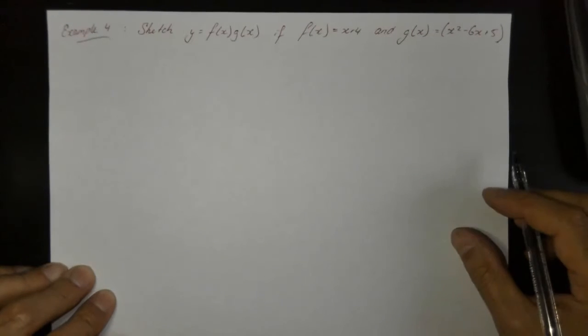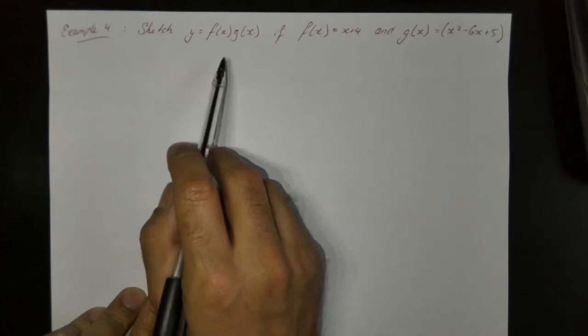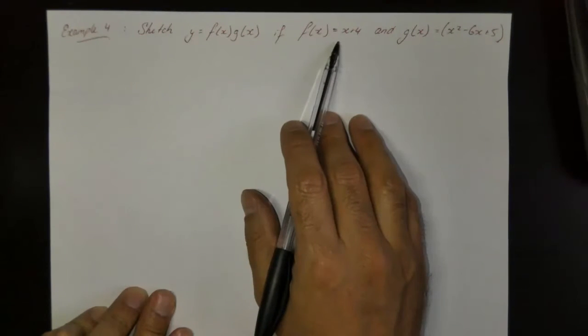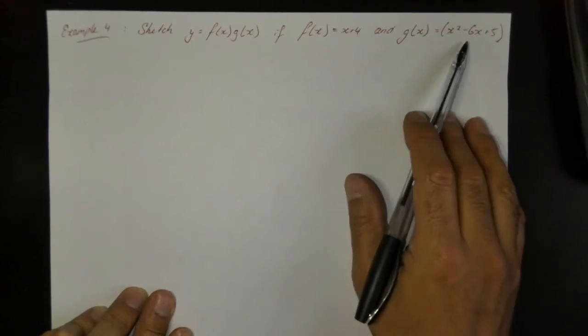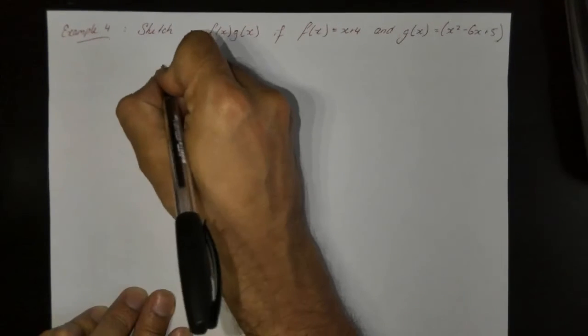Okay, so example 4, we're going to sketch y equals f of x times g of x, if f of x equals x plus 4, and g of x equals x squared minus 6x plus 5. So we're going to multiply them together.